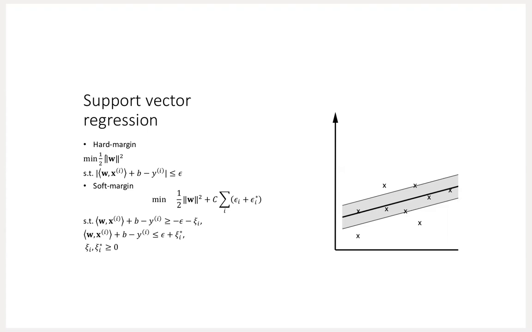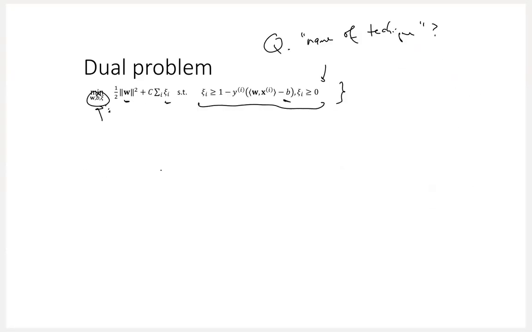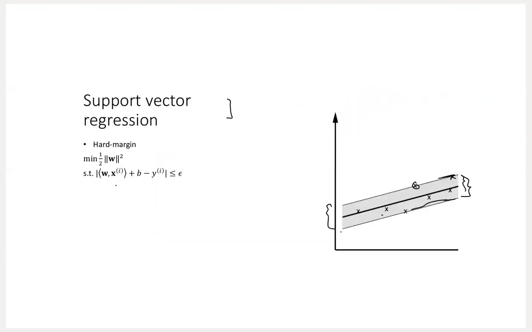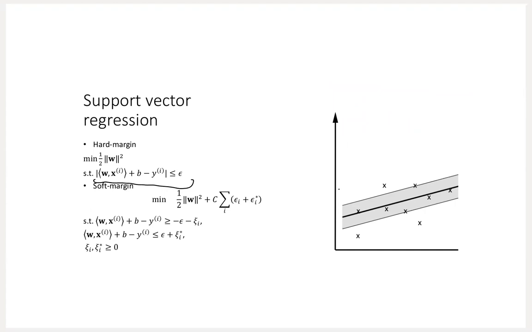We minimize the same thing, but the constraint is different: instead of the label multiplied by this term having to be bigger than or equal to 1, the estimate from your ground truth has to be less than this margin, epsilon.